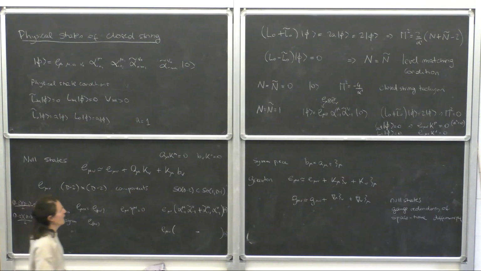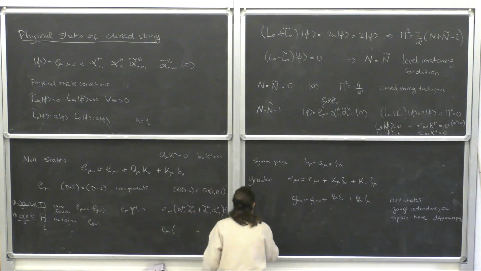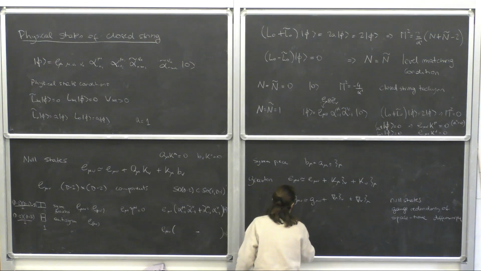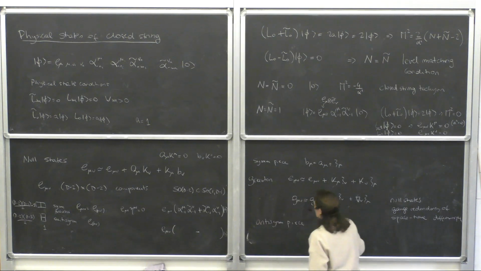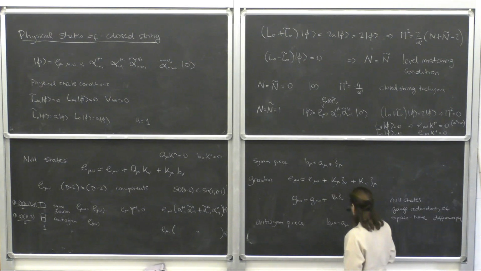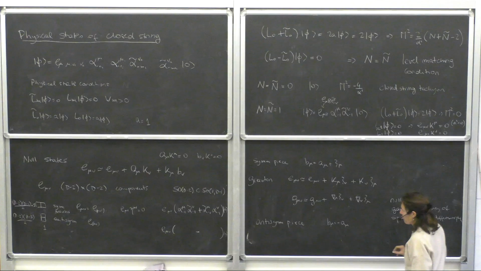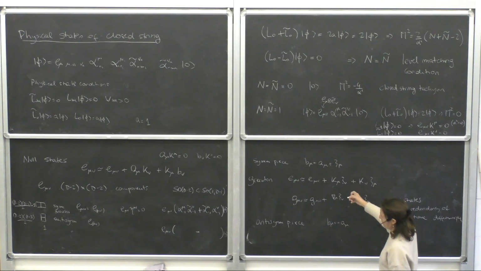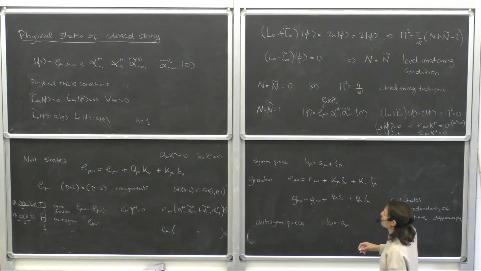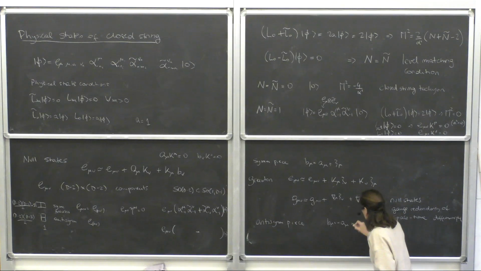Now, if we look at the antisymmetric piece, I want to take B mu equals minus A mu, and the B mu is better to put first.